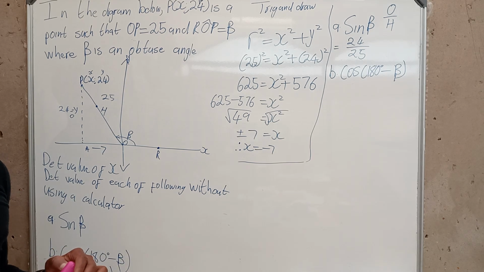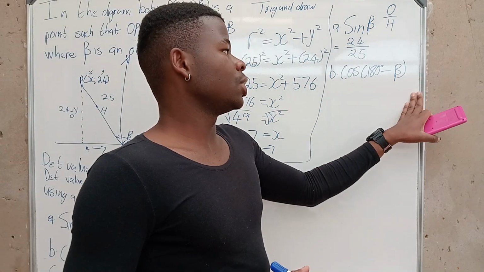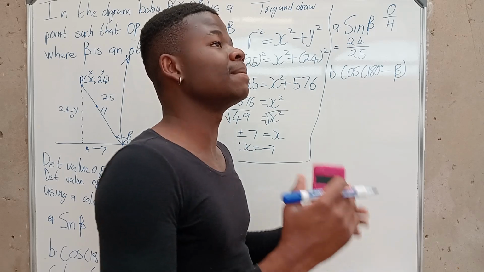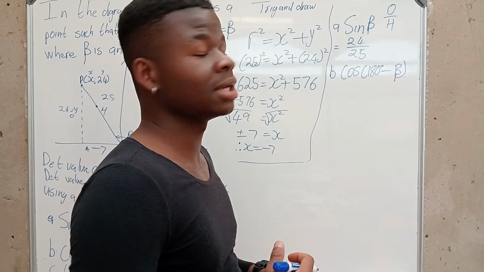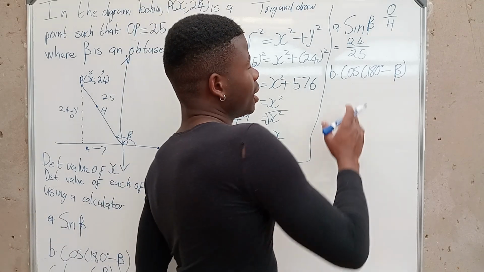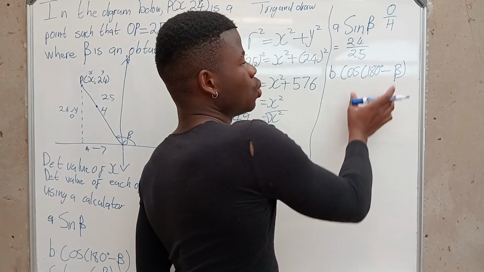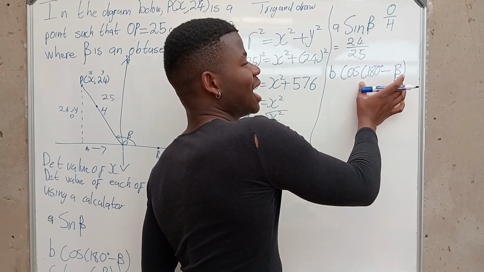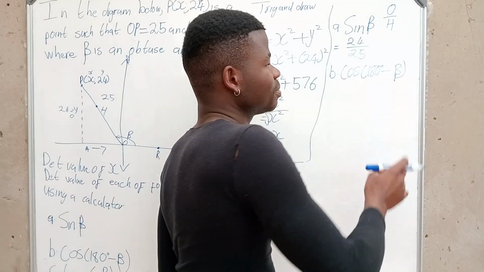Trigonometry is trigonometry. In this case, you'll have to simplify. That is the next chapter that we'll be highlighting after this one. If they give cos(180 degrees minus beta), you're going to consider the quadrant in which it is written between these brackets.